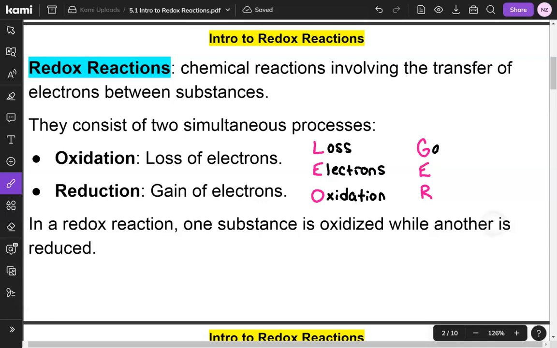A gain of electrons is reduction. Okay, so again, Leo the lion says grr. Loss of electrons is oxidation. Gain of electrons is reduction. So that's how you can remember the difference between the two.